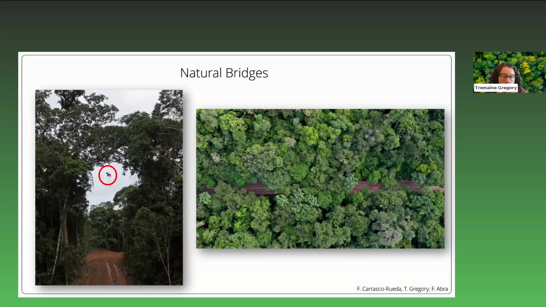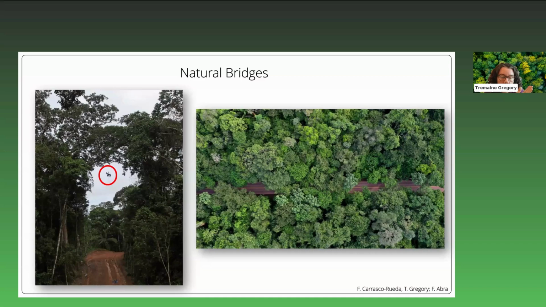This was a place where we left natural canopy connectivity over a natural gas pipeline in the Amazon as it was being built, and then we monitored it with camera traps. And the picture on the right is in the Brazilian Amazon, where an indigenous community, after a road was built in the 1980s, worked with the Transport Authority to allow natural canopy connectivity to be restored over the road because of the importance of arboreal species to their culture.